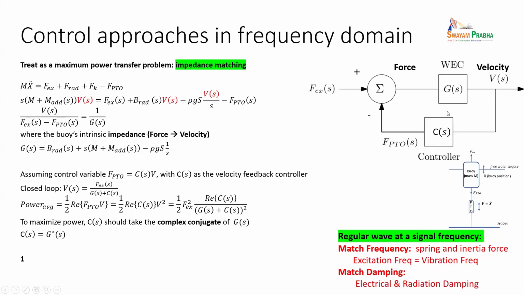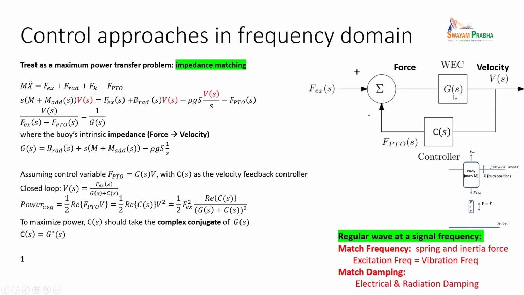Now assume you have velocity feedback and you control the PTO force. For the closed loop system, V(s) equals F excitation divided by G plus C(s). This is a control system. Did you guys learn this control? As mechanical engineers, you should have learned control and the Laplace transform.